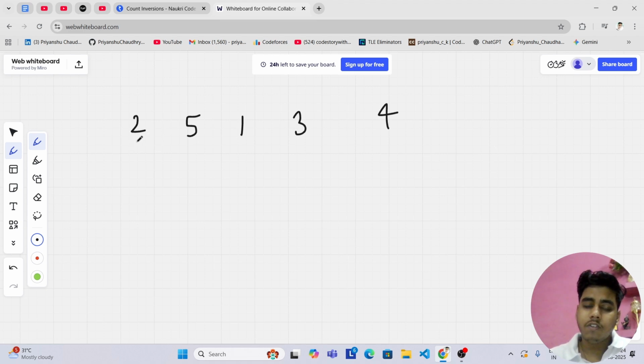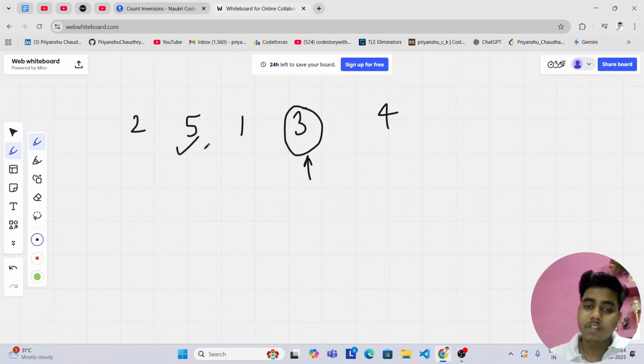So without big O of n square time complexity, without checking all the pairs, how can we calculate the inversion count? So how can we check optimally? Let's say I'm standing here at 3, I need to check all the elements before 3 that are greater than 3.